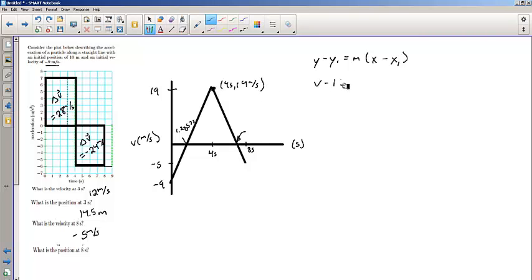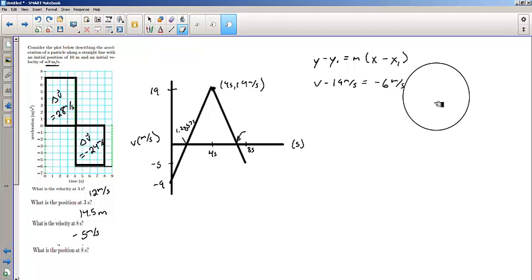So v minus 19 meters per second equals, the slope of this line is -6.